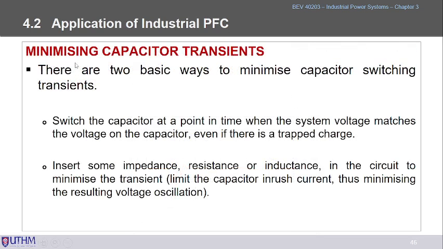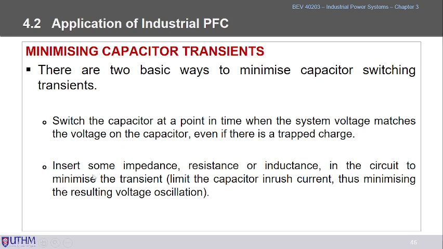That means we try to minimize the capacitor transient. There are two ways to minimize it. The first one is we switch the capacitor at a point in time when the system voltage matches the capacitor voltage. That means we try to minimize the difference between the voltage at the capacitor and the system, in terms of polarity.